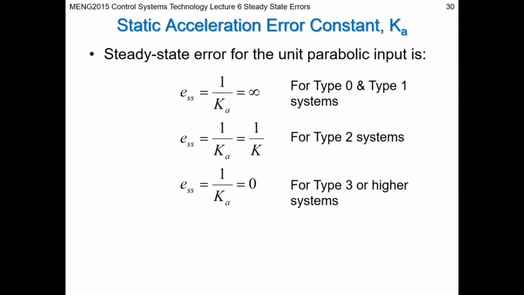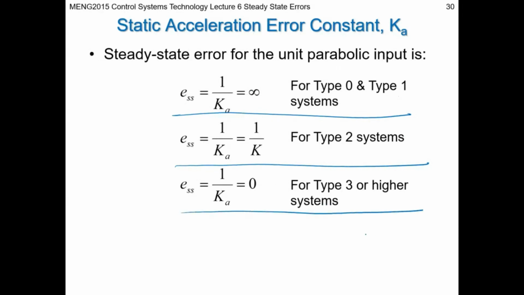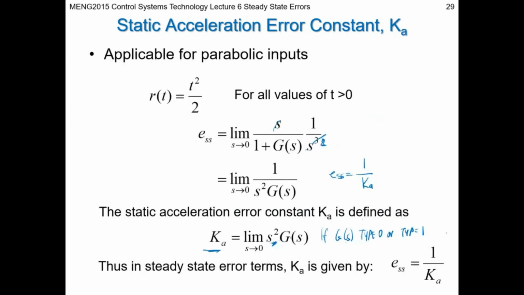Okay, so for a unit parabolic input, for type 0 or type 1 systems, you're going to get infinite steady state error. If you have a type 2 system, you're going to get a finite steady state error. If you have a type 3 system or higher, then you're going to get 0 steady state error. That's because if you have a type 3 system, then the G(s) will have something over s cubed, and you're going to cancel off and end up with an s on the bottom.